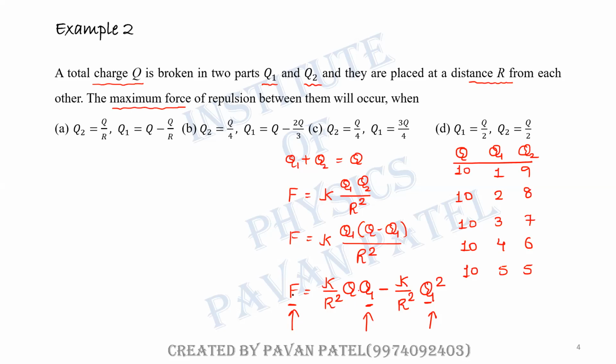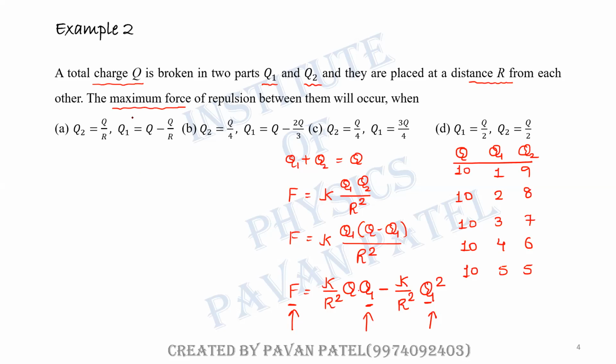Now, the differentiation of F, which is a dependent quantity, with respect to the independent quantity, which is Q1, if that value is 0, then the force F becomes maximum.